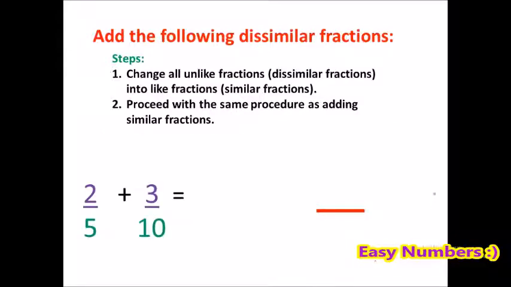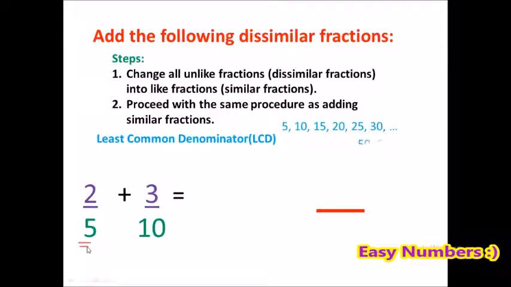Another example is 2/5 plus 3/10. Let us get again the least common denominator. So we have 5, 10, 15, 20, 25, 30, and so on for 5, and 10, 20, 30, 40, 50, 60, and so on for 10. So the least is 10. 10 divided by 5 is 2 times 2, 4.